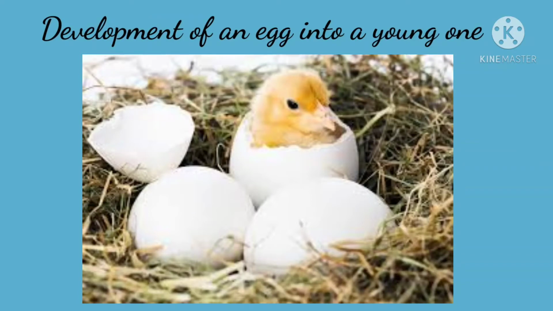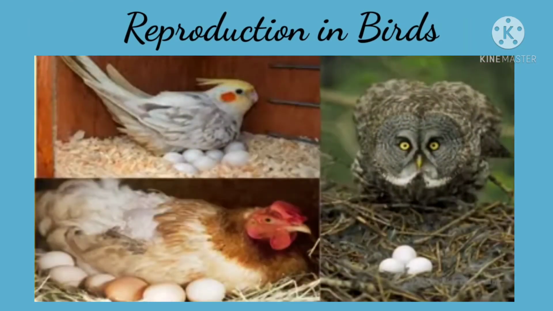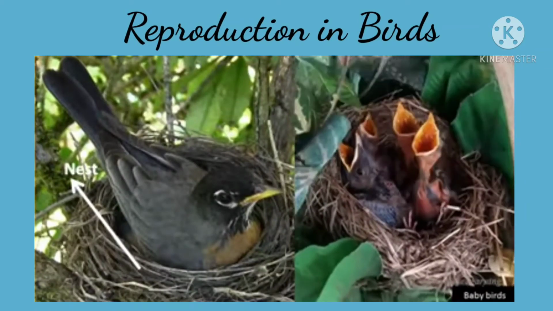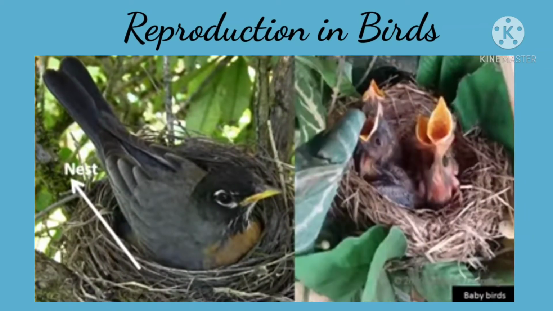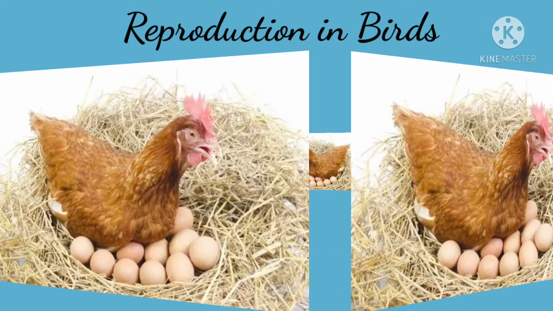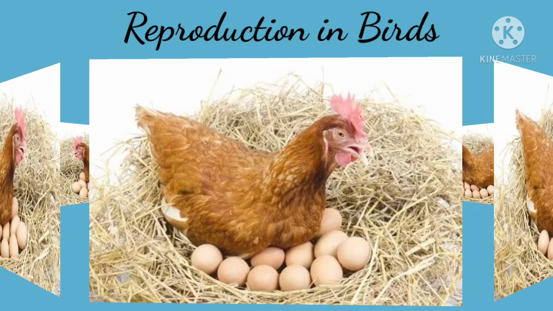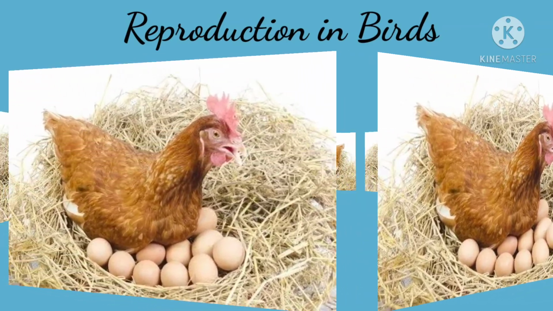Moving forward, now let's study about reproduction in birds. So students, all birds reproduce their young ones by laying eggs, and most birds build nests or their homes on trees to lay their eggs and to raise their young ones. And students, these birds keep their eggs in a warm place, or the parent animal sits on them to keep the eggs warm.